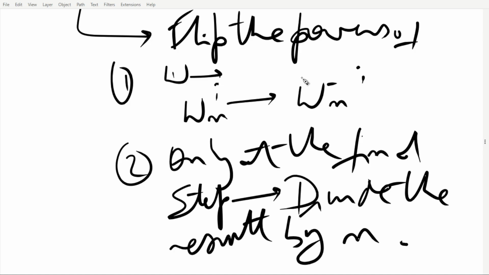Now we'll see some examples of computation using FFT. In the example we take the same two polynomials, f1(x) as x plus 2 and f2(x) as 2x plus 3, and multiply using the FFT algorithm.